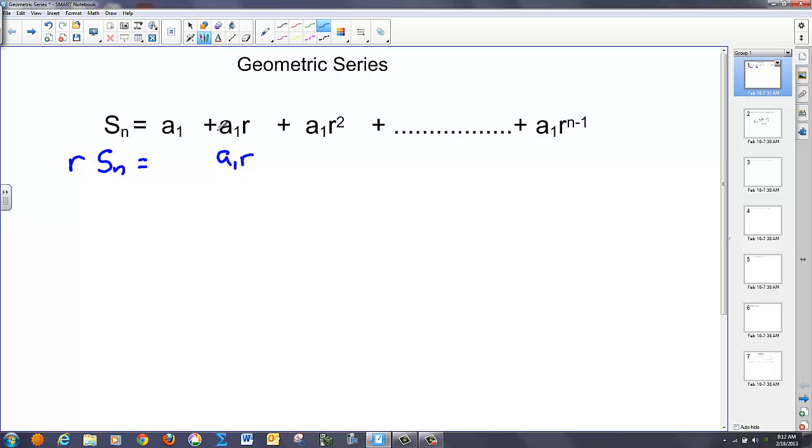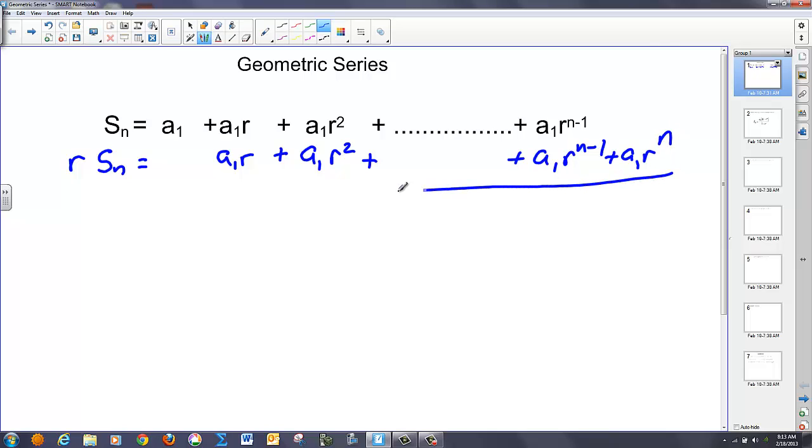If I multiplied the second term by the ratio, I ended up getting the third term. And he found out this continued to happen throughout the entire series. And when he got to his last term, the ratio times that last term in the series, remember we add the powers of common bases, this got me the first term times the ratio to the n.